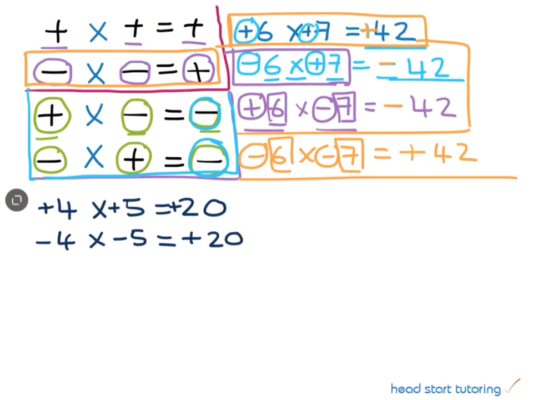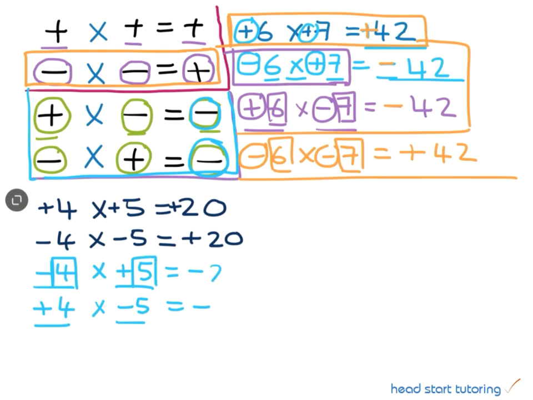Right, so if we now work with negative 4 multiplied by positive 5, or positive 4 multiplied by negative 5, either way, because our signs are different, our sign will be negative. We are saying a negative number multiplied by a positive number, our sign will be negative, and a positive number multiplied by a negative number, our sign will again be negative, and then we just multiply our numbers.